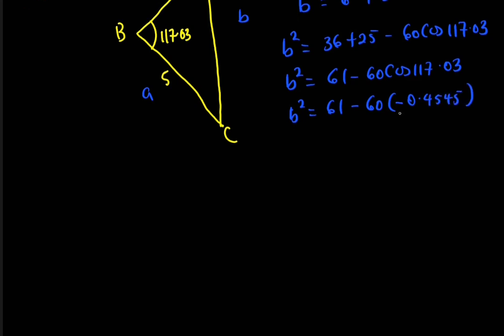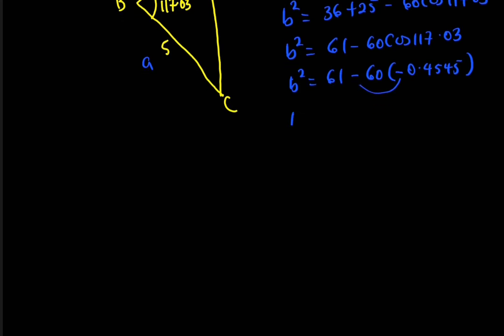Now if you check this minus and this minus, when they multiply it turns plus. So therefore b squared is going to be 61, then it's going to be plus. So 60 times that particular value will give 27.27.